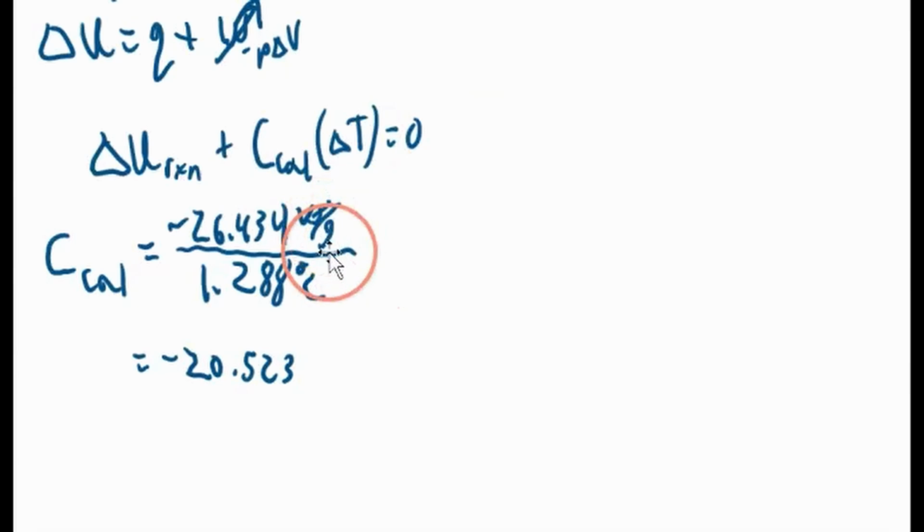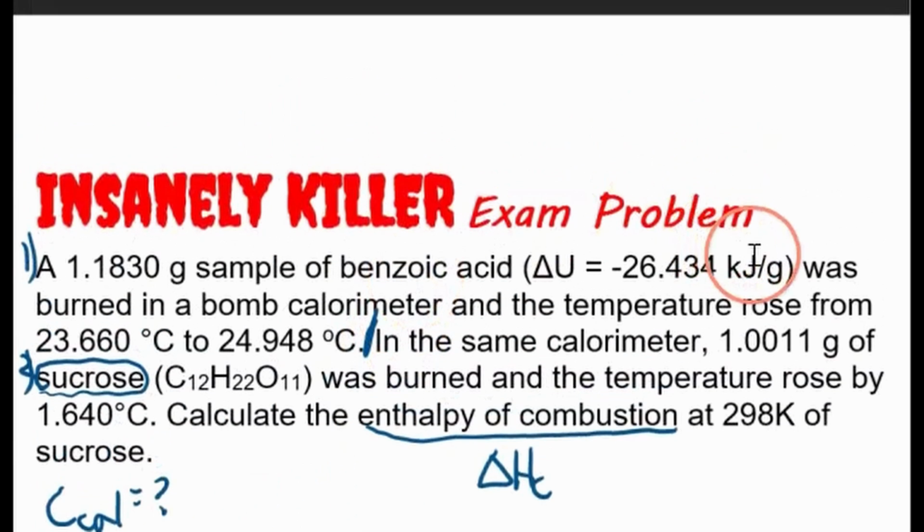Now look at these units. Nothing cancels, right? This is kilojoules per gram degrees Celsius. And this is a calorimeter, so we don't want things in per gram degrees Celsius. And this is per gram of what? Well, this gram comes from here. And this gram, the unit comes from here, which is a property of the benzoic acid.